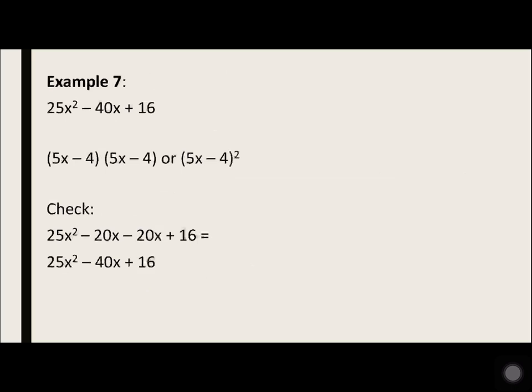FOIL, 5x times 5x, 25x squared. Outside, 5x times negative 4, negative 20x. Inside, negative 4 times 5x, negative 20x. Last, negative 4 times negative 4, positive 16. Our minus 20 gives us minus 40x in the middle.